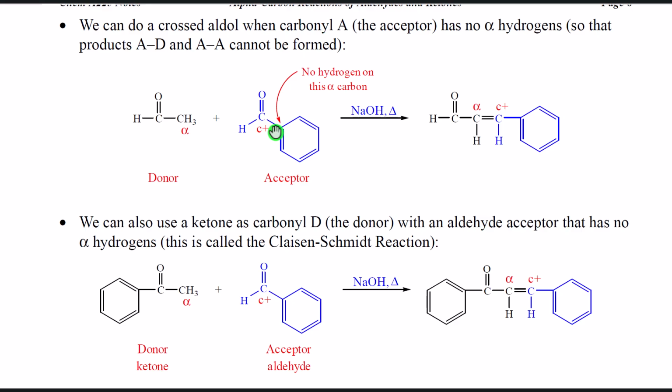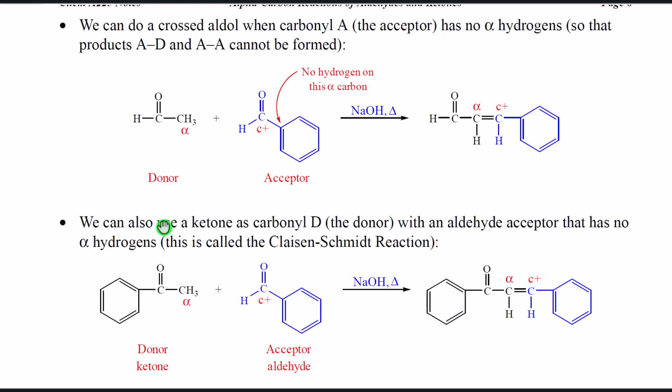So in this line structure, there are no assumed hydrogens at this alpha position. Therefore, if we deprotonate the donor, we have a good chance of having it react preferentially with our desired acceptor. Again, using heat to dehydrate the aldol product, we would get the aldol condensation product, which would look like this.